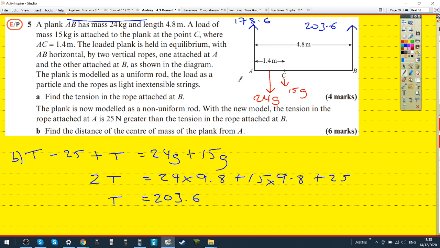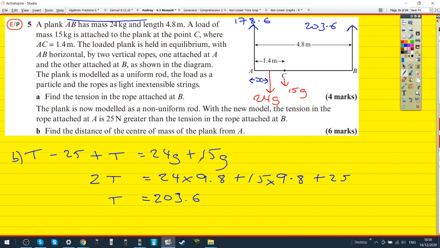178.6. Okay, we have to find the distance x. How would you do that? Am I now going to do half of 1.4? Why is it half? I assumed that 24G was in the middle of 1.4 meters.